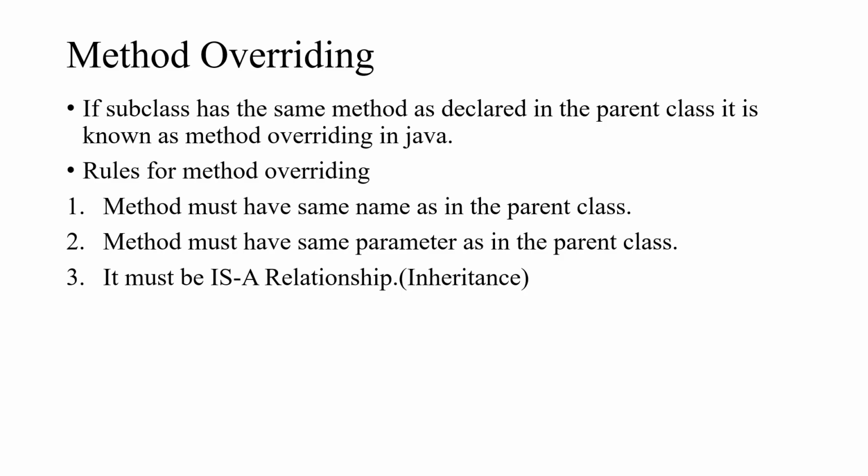But in method overriding, the method name must be the same, but they are not in the same class. They are in different classes, in a parent-child relationship, which means they use the concept of inheritance. That's the difference.